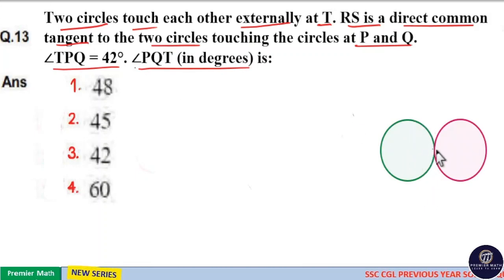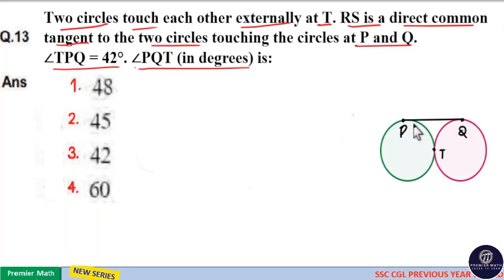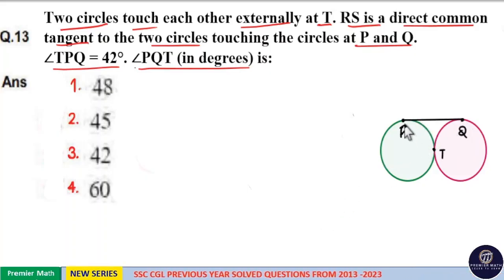Here, these two circles meet externally at point T. Now, there is a direct common tangent meeting the circles at P and Q. Now, this is the common tangent. This common tangent subtends an angle of 90 degrees when two circles meet externally at a point.